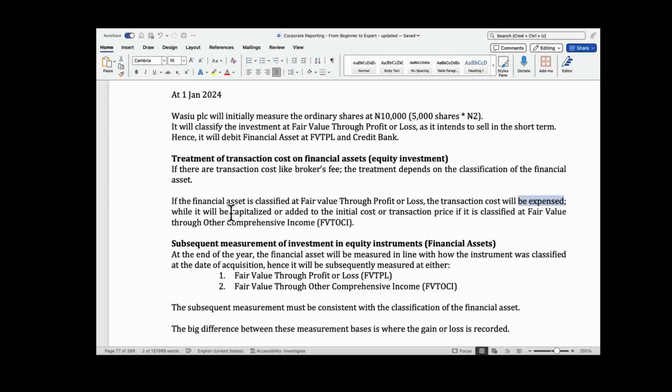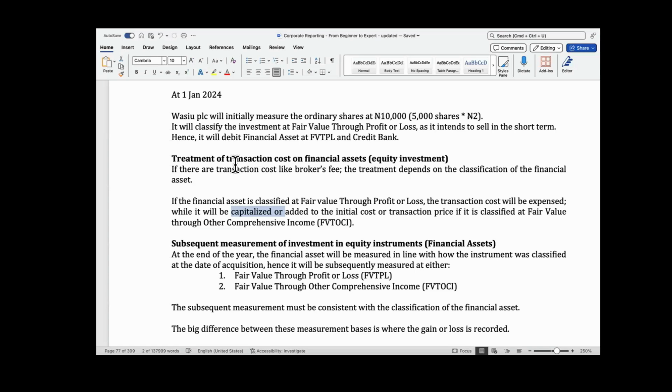While it will be capitalized, or added to the initial cost or transaction price, if it is classified at fair value through OCI. When you say capitalizing, it means add it to the cost of the asset. So that means that with the 50,000, the total financial asset will become 5,050,000 in your books.